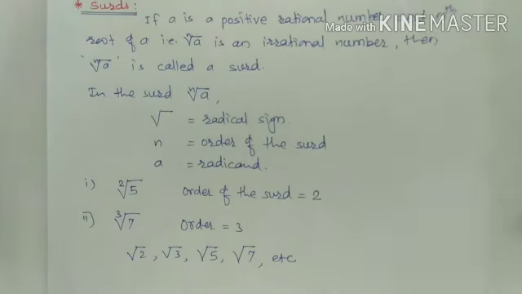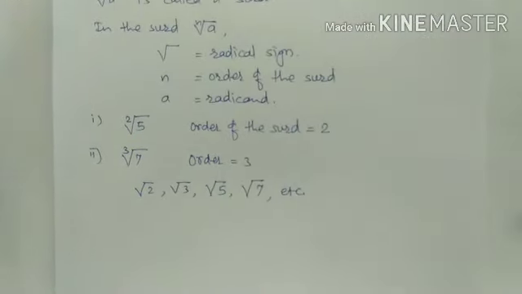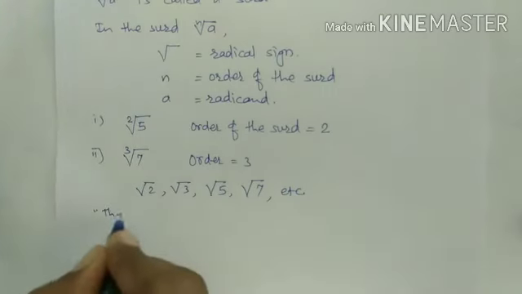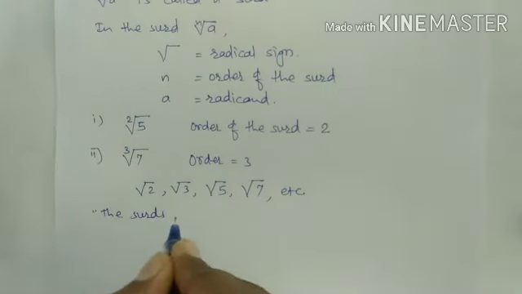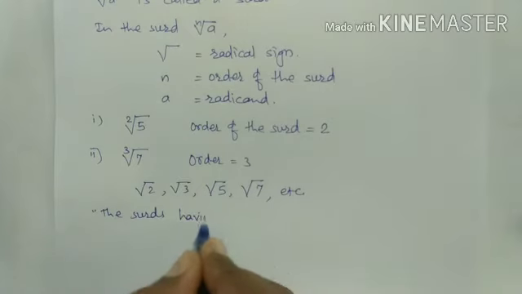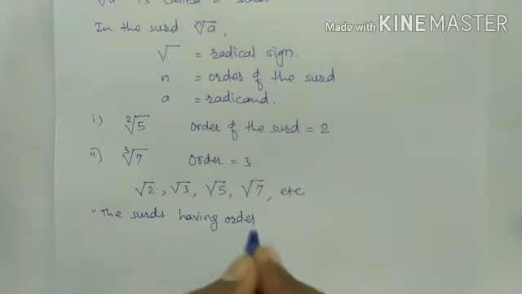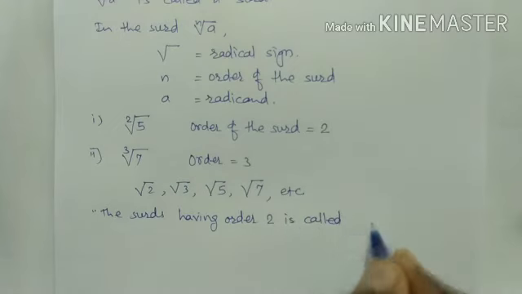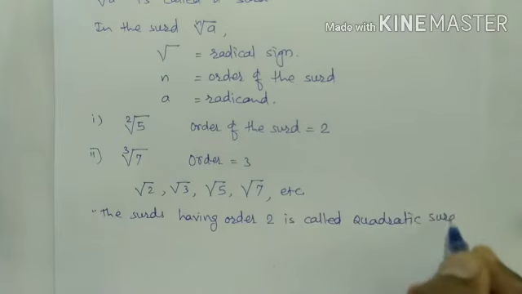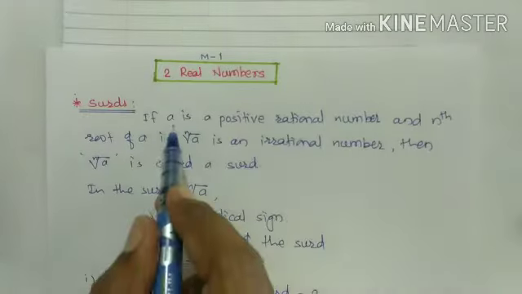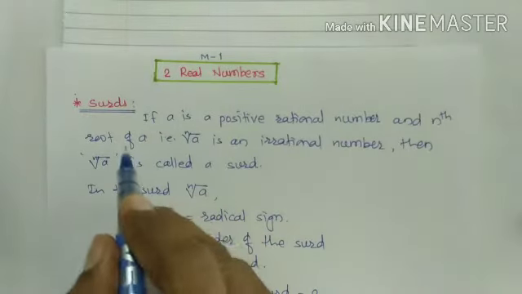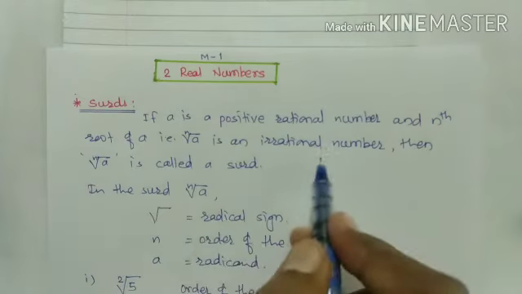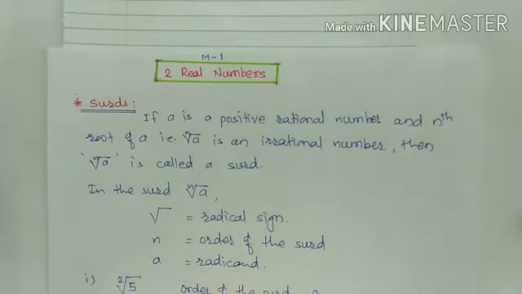And the surds having order 2 are called the quadratic surds. पुन्हा एकदा सांगतो, here if a is a positive rational number and nth root of a is an irrational number, then nth root of a is called a surd.